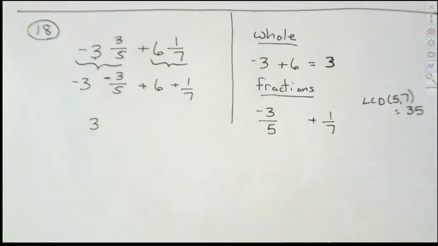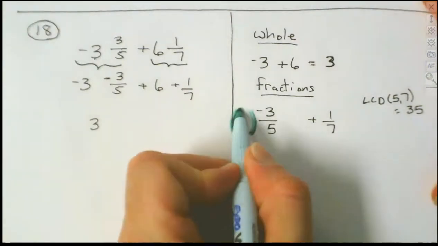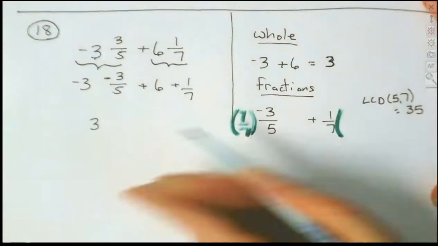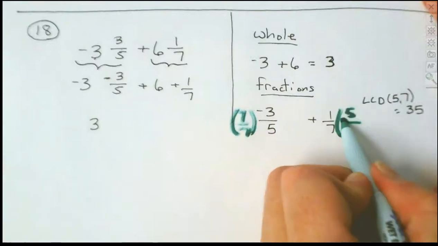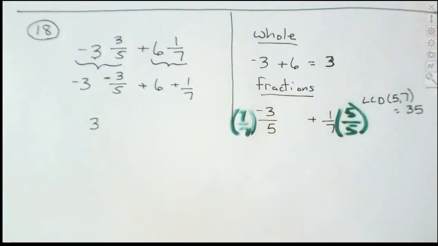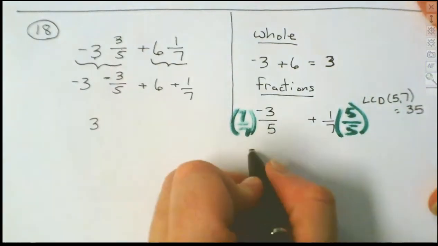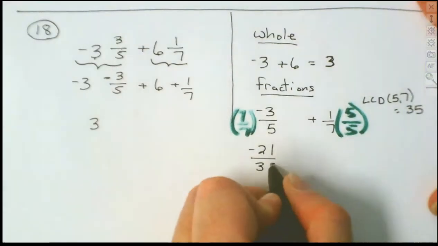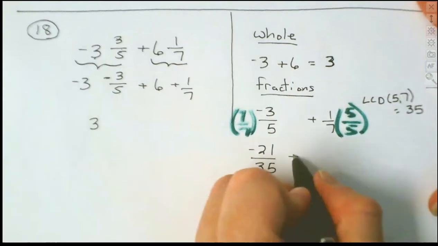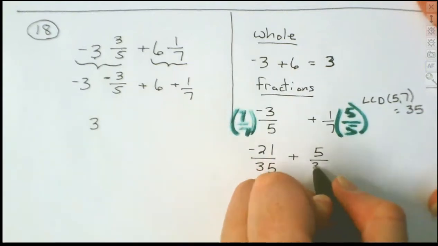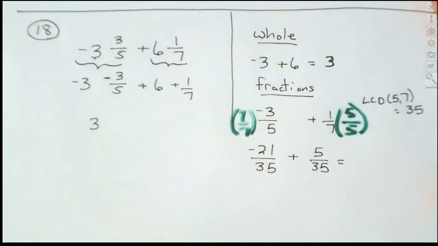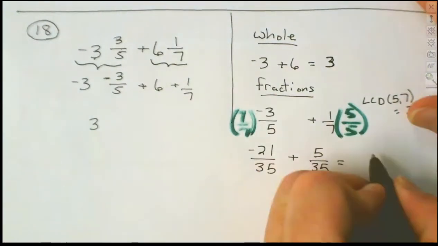So the first one needs a 7/7. And the second one needs a 5/5. So now we have a minus 21/35 plus 5/35. And that's going to leave us then with what? A negative 16/35, isn't it? Yep, negative 16/35.